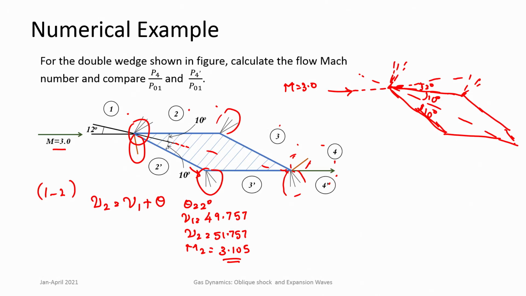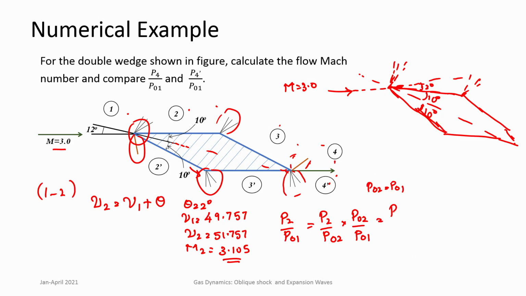Okay. So, what are we interested in? Always we should go back to P4 by P naught 1. So, what is P2 by P naught 1? This is P2 by P naught 2 multiplied by P naught 2 by P naught 1. But this is an isentropic flow, there is no change in stagnation pressure. So, P naught 2 is the same as P naught 1.